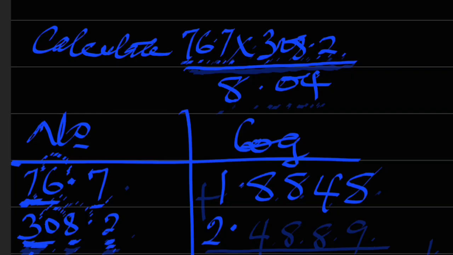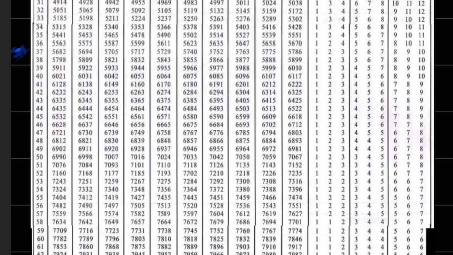Let's check it now. 30 under 8. Let's scroll to 30. This is 30. If you check very well, you see that what? This is 30. 30 under 8.